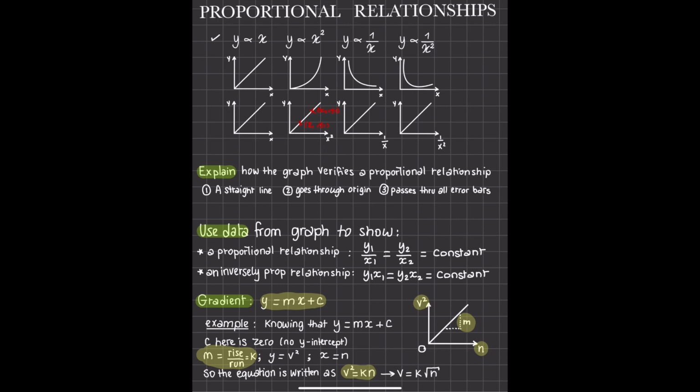And so if you want to find the relationship between V and N, you can simply square root all the quantity and you will get that V is proportional to the square root of N multiplied by a constant K, which represents the gradient.